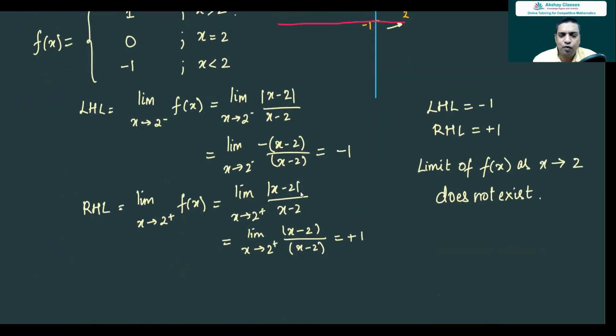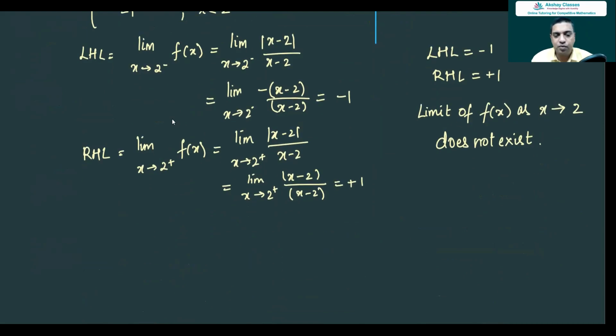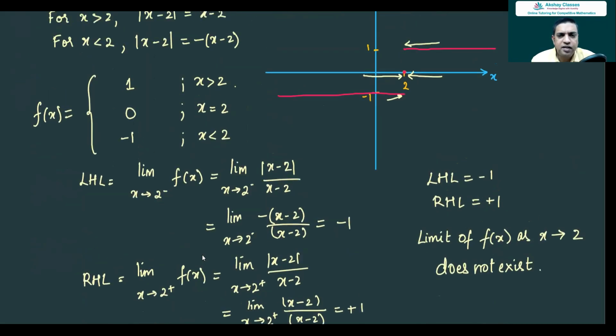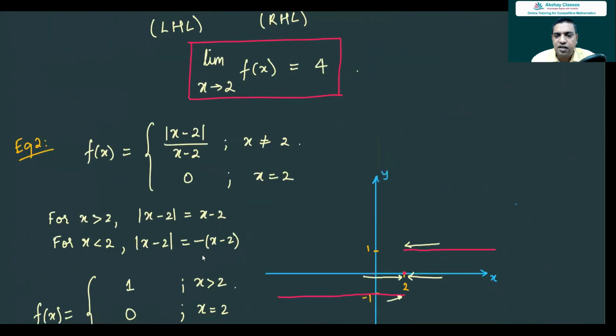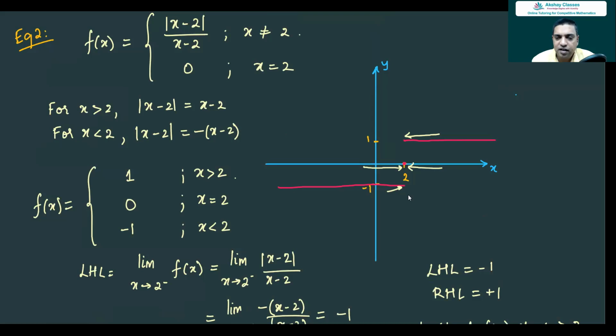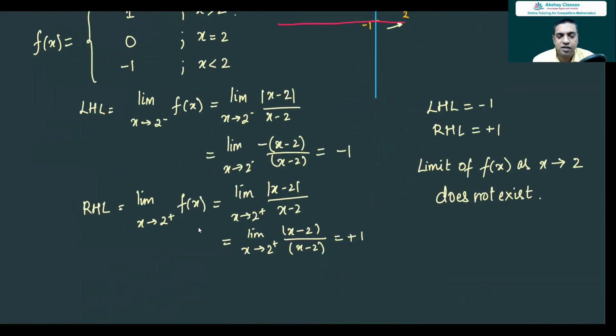There are more formal and difficult definitions, which we need not worry about, but I'll just brief you about what those definitions are. But this is the fundamental concept. Graphically, you can understand very easily. If you have a graphical idea, immediately you can mark right hand limit is plus 1, left hand limit is minus 1.